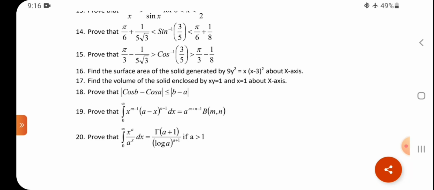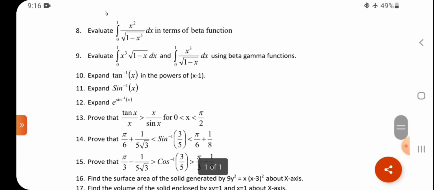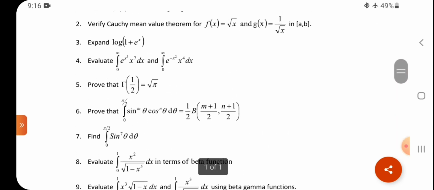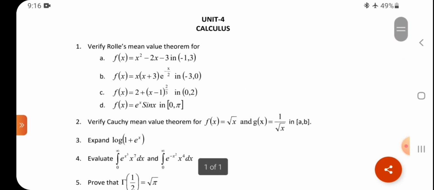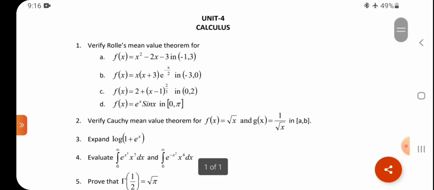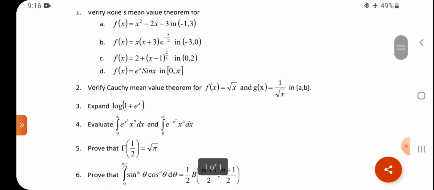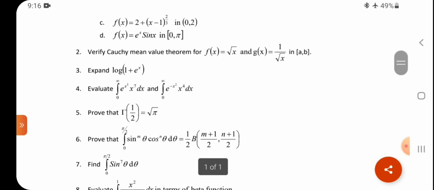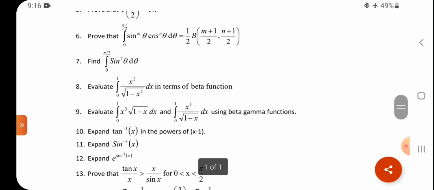So these are a few important problems in your unit number 4. A very simple thing is that you only need to understand the basic concept of the calculus part. By that you can easily find out the different solutions of the given problems.